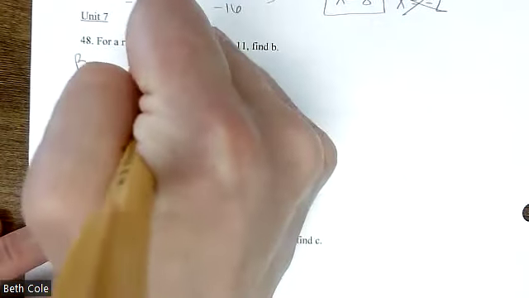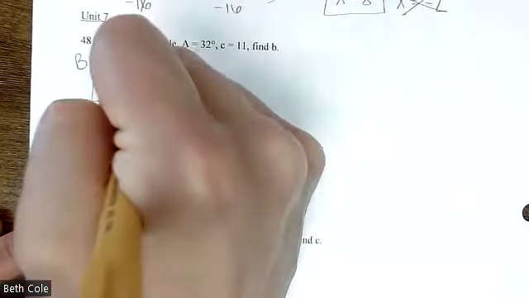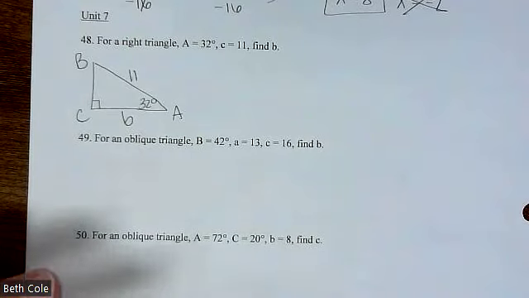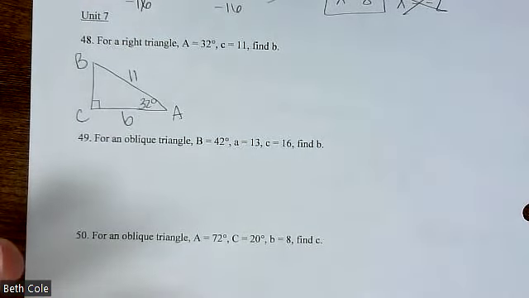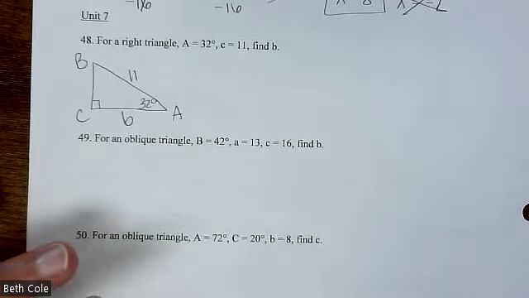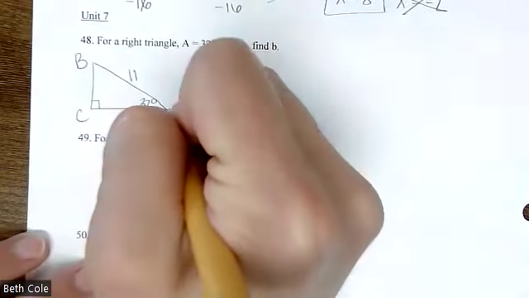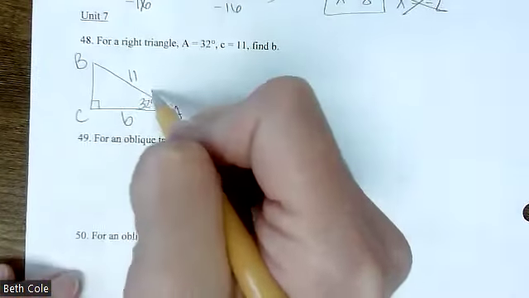All right, so A is 32 and C is 11. Find B. So you're going to decide using opposite, adjacent, and hypotenuse. Is that going to be sine, cosine, or tangent? So what do you think? You're right here. Good. Cosine. This is your point of view.